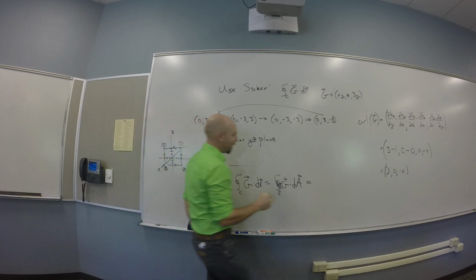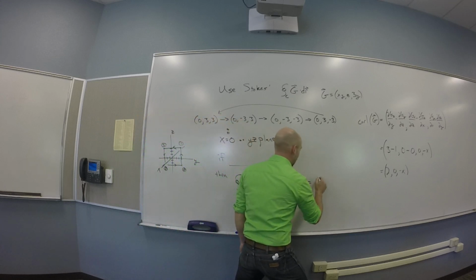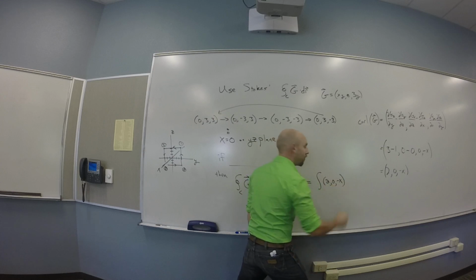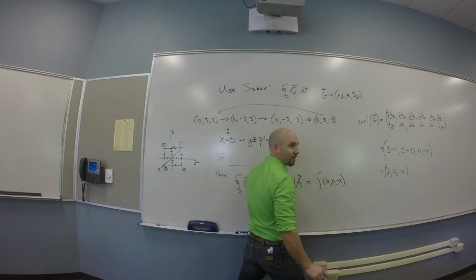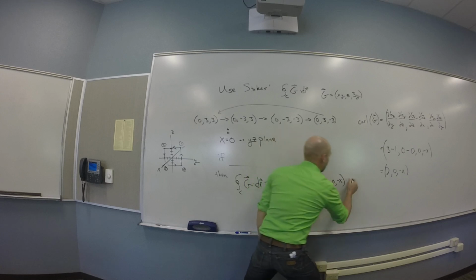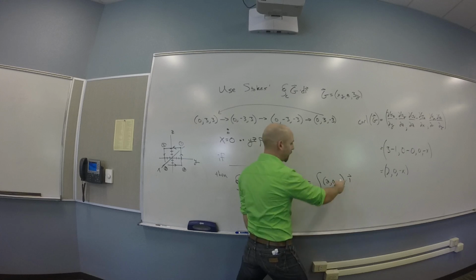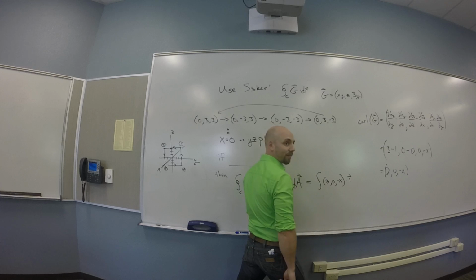So I'm going to get the integral of (2, 0, negative x) dotted with i, the unit normal, and then that result is going to be constant. You see that?